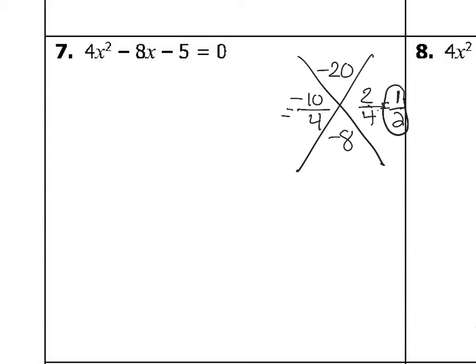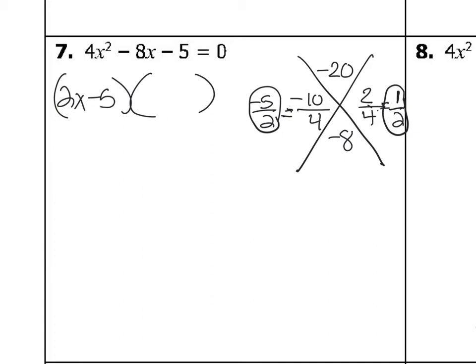This one, we can reduce it to -5/2. So my two binomials are going to be 2x minus 5 and 2x plus 1. Remember, denominator goes in front, numerator goes in the back.